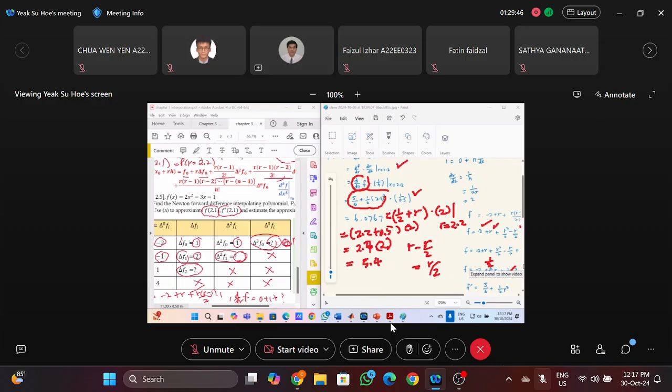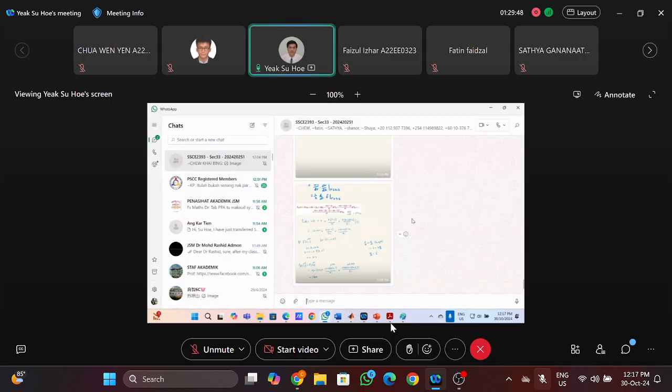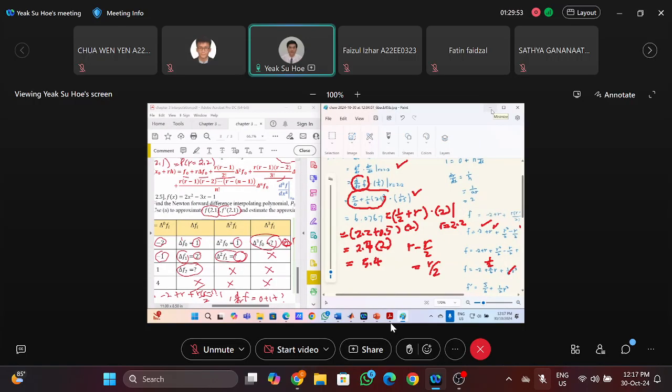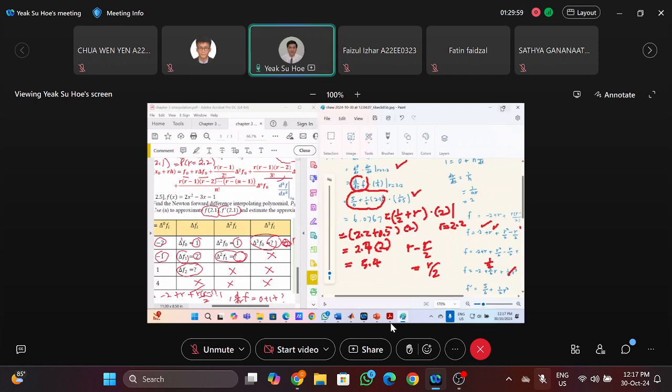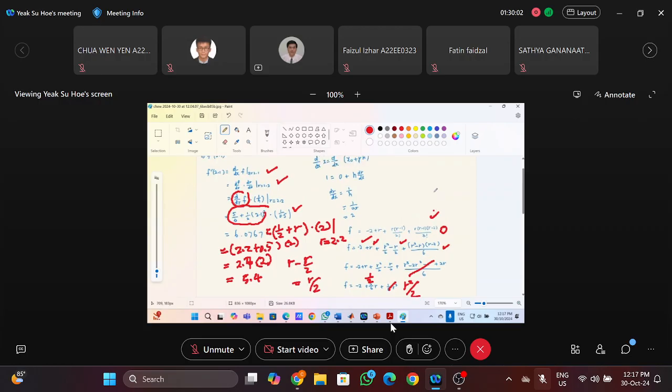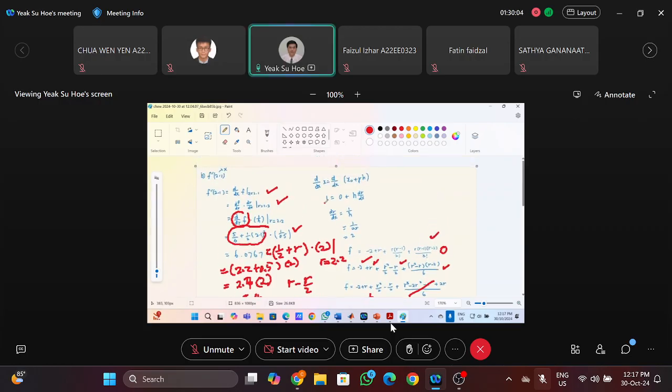So check the answer here again, 5.4. So actually, it means that when you get the R and then you differentiate, basically like this, this is probably the function in terms of R. So that's why you multiply on the R. And after that, you multiply dr/ds. So this dr/ds is equal to 1 over h, so equal to 2.